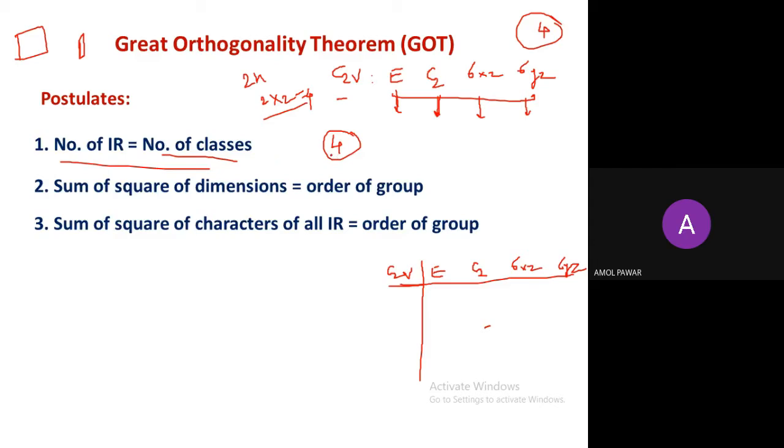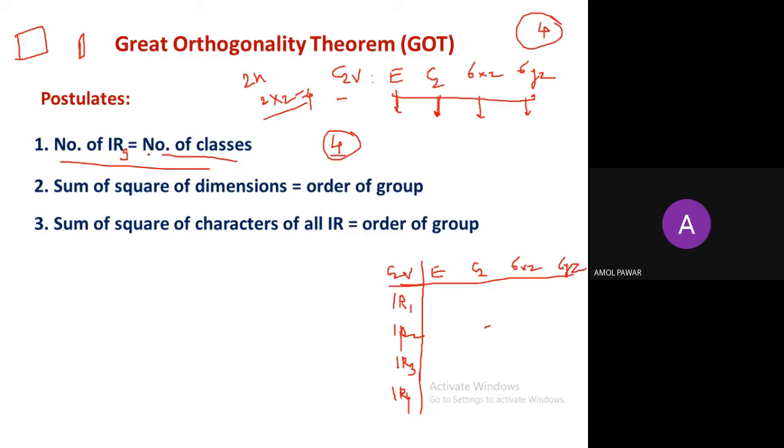We know the number of classes is 4, so part 3 is Mulliken symbols of irreducible representations, and the number of irreducible representations is definitely 4: IR1, IR2, IR3 and IR4. Did you understand? First postulate: the number of irreducible representations is equal to the number of classes. Here the class is 4.